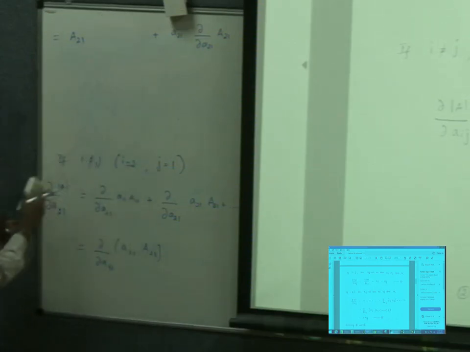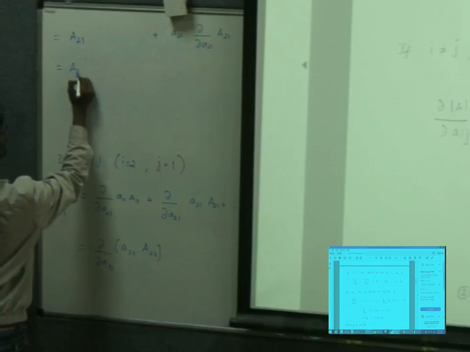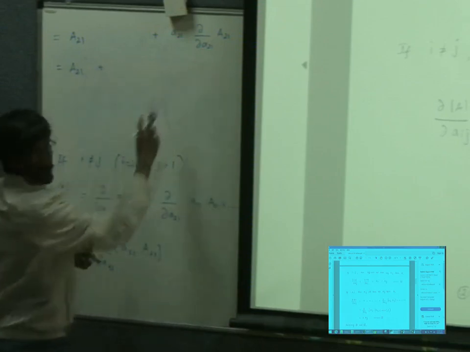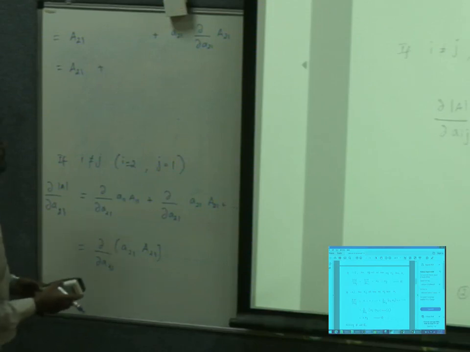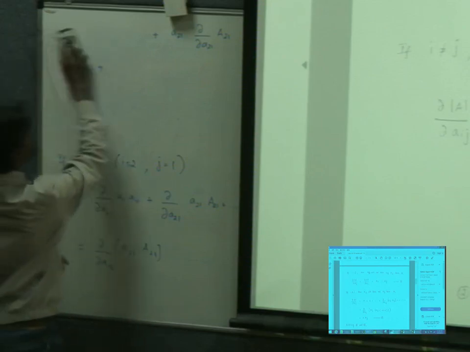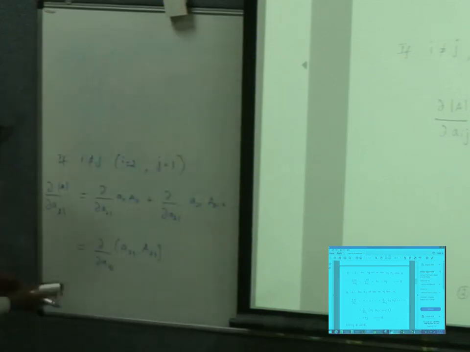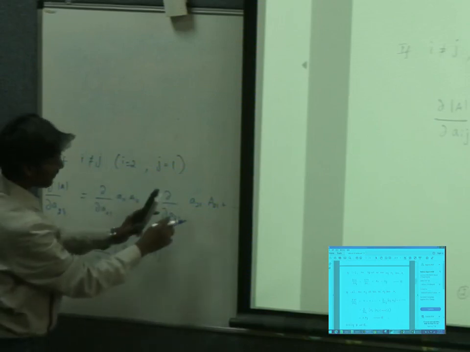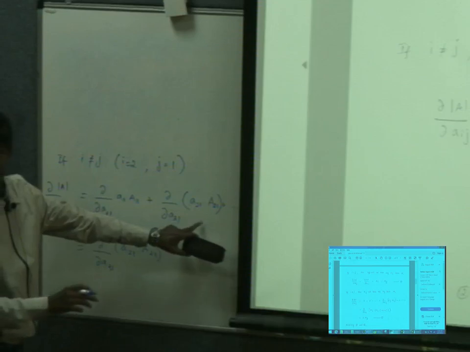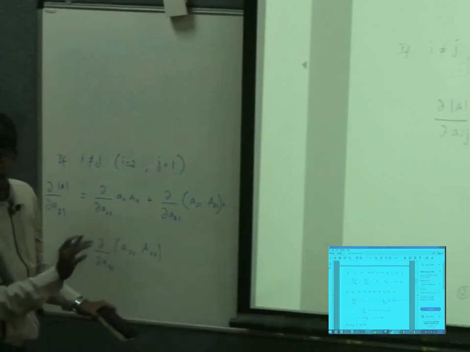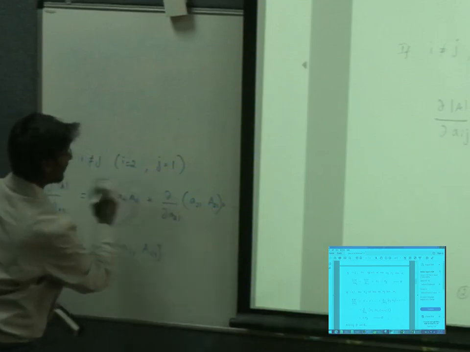Anyhow, this can be taken out. This is a21. What about this one? It's a bit difficult, right? I'll tell you a simple way to solve this. Even before taking the product rule, you take these two functions as a single entity and then see what this function is.